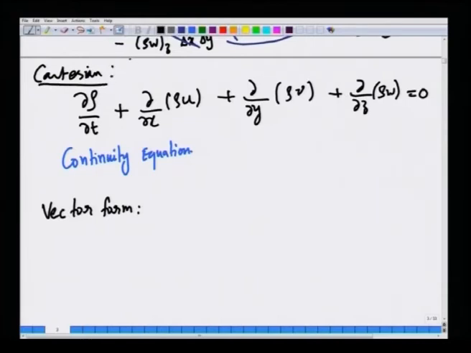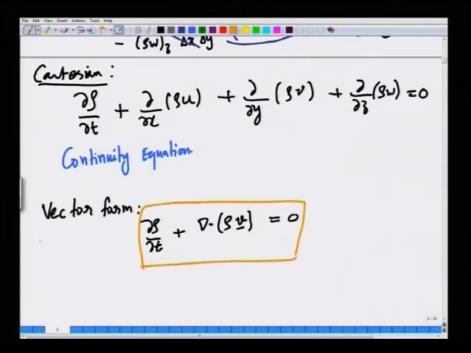If you want to write it in other coordinate frames, we will use the property of the divergence to write this as follows, and this is a vector form which is coordinate free. Once you know the properties of divergence in other coordinate systems, you can use this form and write down the equation of continuity in those systems, while you cannot use the earlier form in other coordinate systems. That is only valid for Cartesian coordinates.